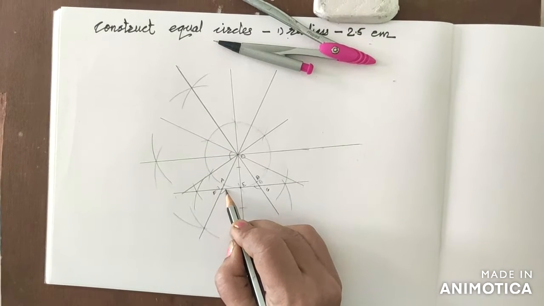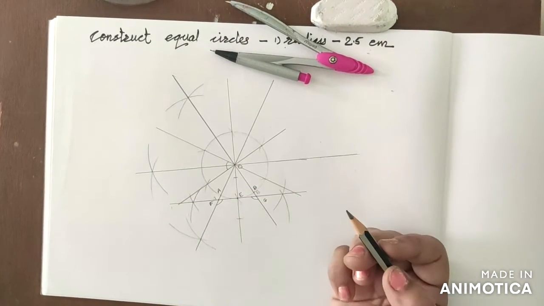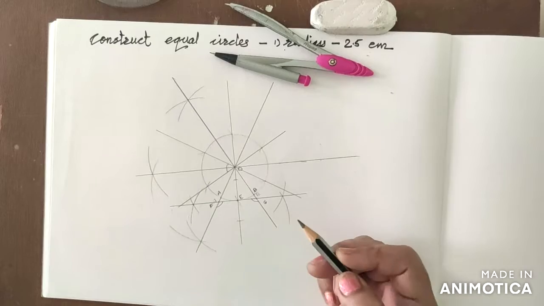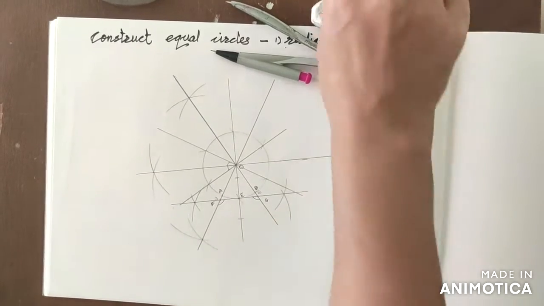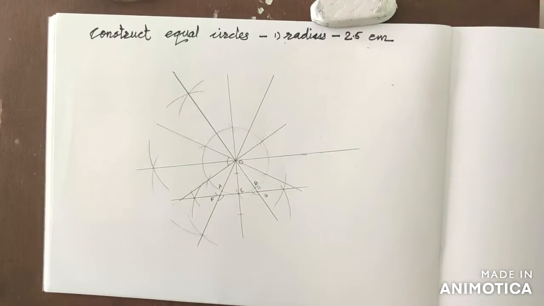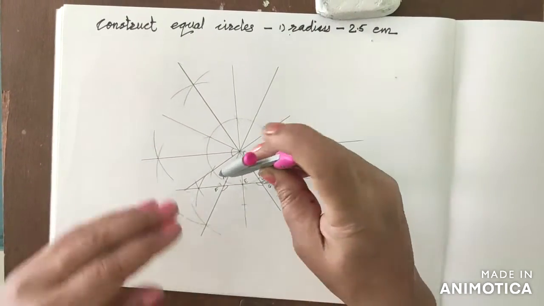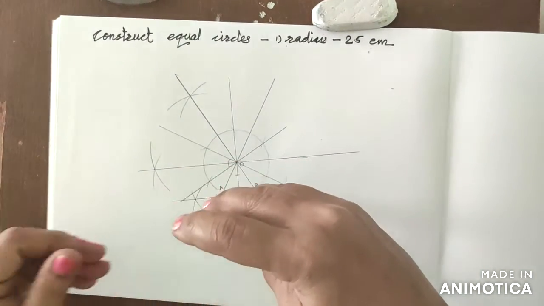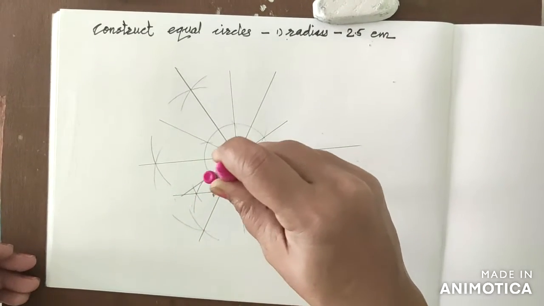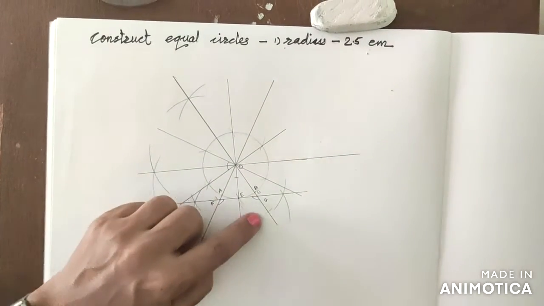We have to draw a bisector for this or this. So let's draw a bisector. Again, draw an arc like that, and we get 2 points.